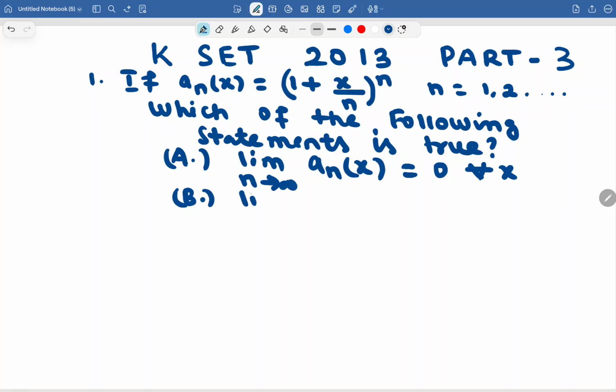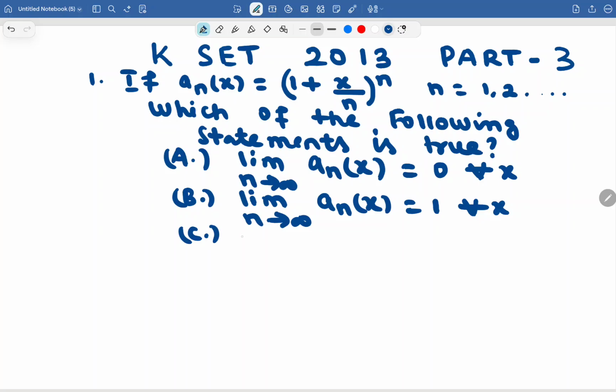Option B, limit n tends to infinity a_n(x) equal to 1 for all x. Option C, limit n tends to infinity a_n(x) is equivalent to e power x for all x.